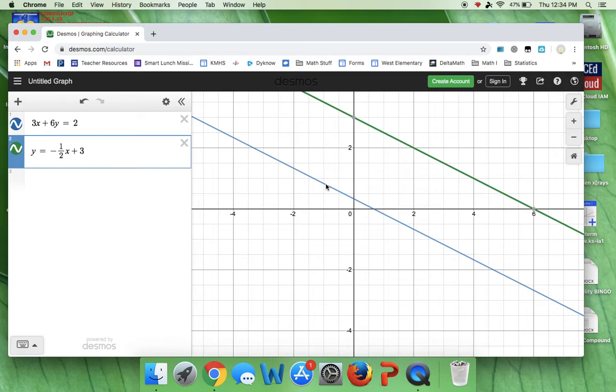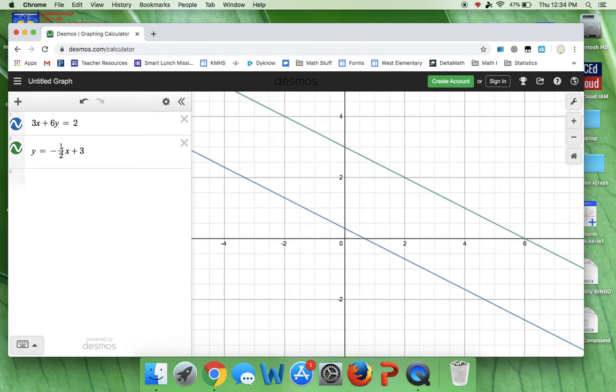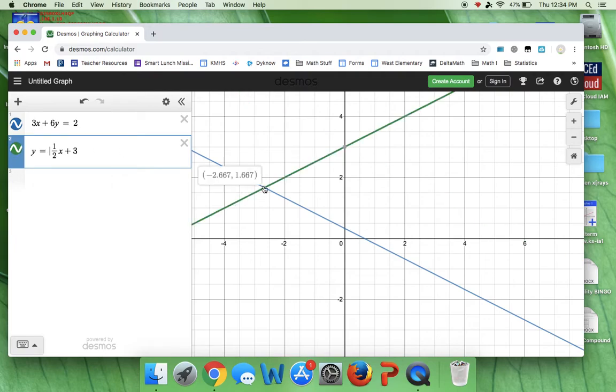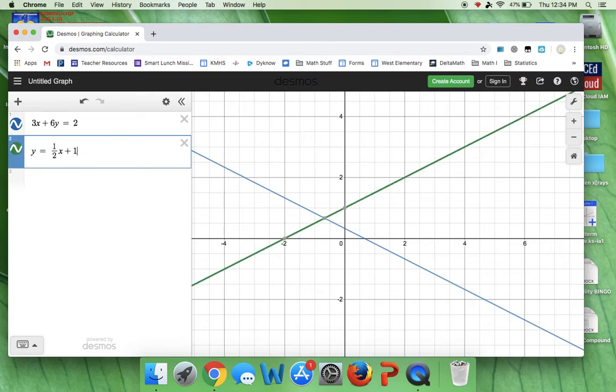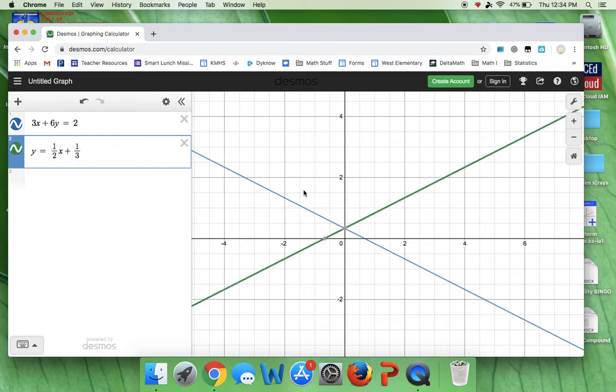So if you notice, those end up being parallel lines, so they don't have a solution. So that's pretty cool, and I can get rid of that negative, and I can see that this one intersects at that point. I can make this a 1/3, so they intersect at 0 and 0.3.